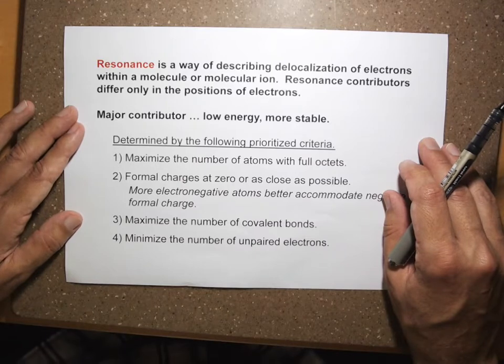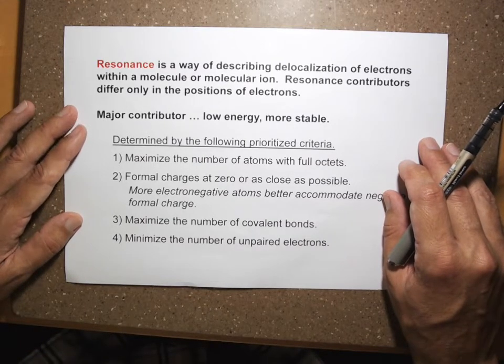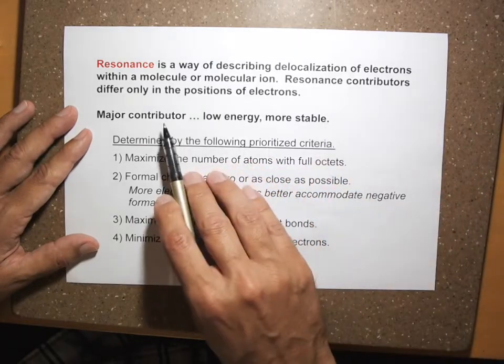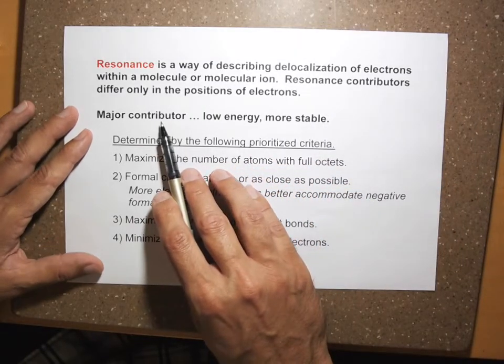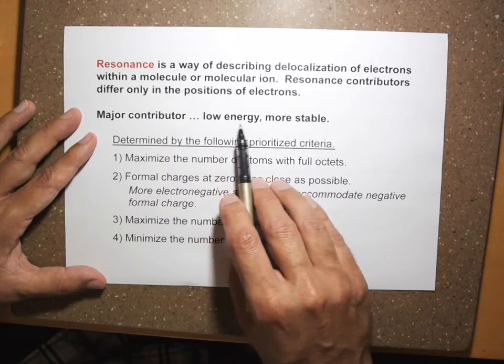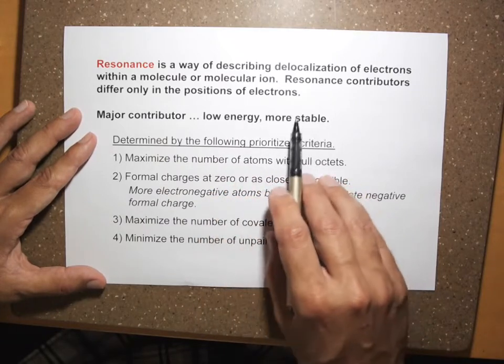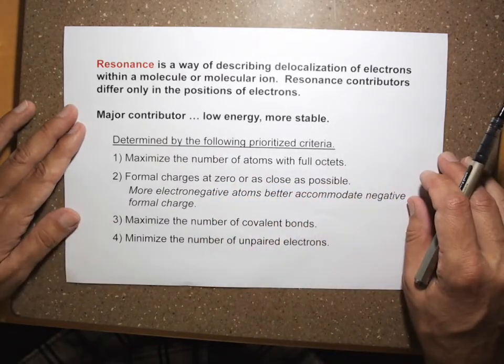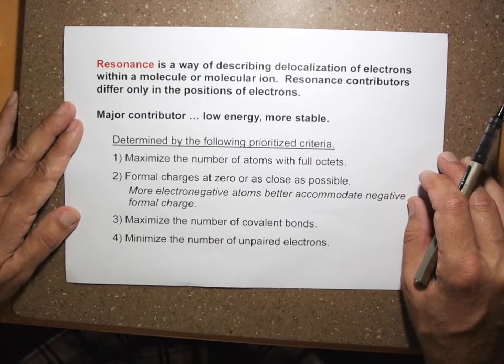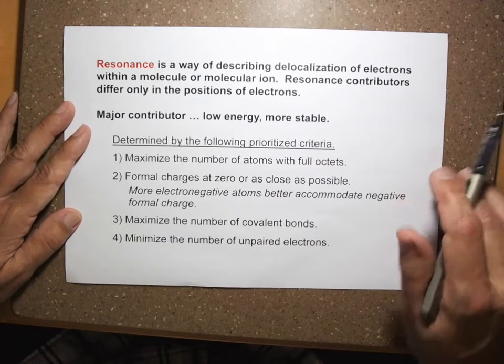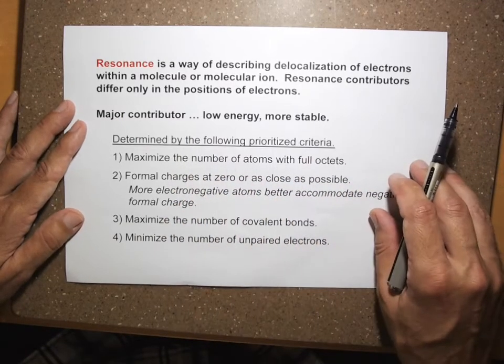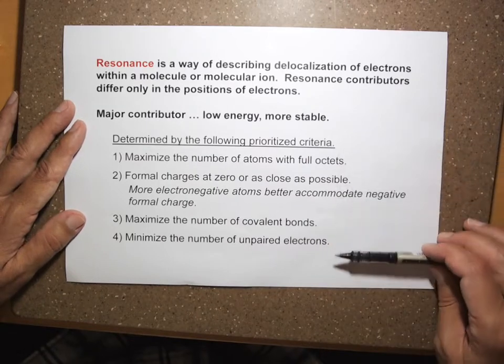So in constructing Lewis diagrams for a molecule that exhibits resonance, we're often concerned with the major contributor. This will be the diagram that represents the lowest energy or the most stable arrangement of those electrons and bonds within the molecule. We'll determine that major contributor using these prioritized criteria.